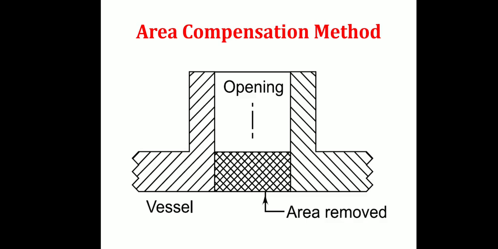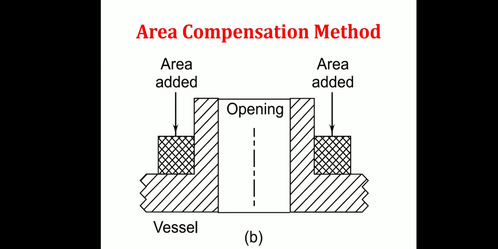Now, the area compensation method means the amount of area that is removed should be equal to the area that is added. The image in the slide shows the area that is added. The area added is equal to 2 times D by 2 into thickness, which is equal to D into T, and is equal to the area that was removed.